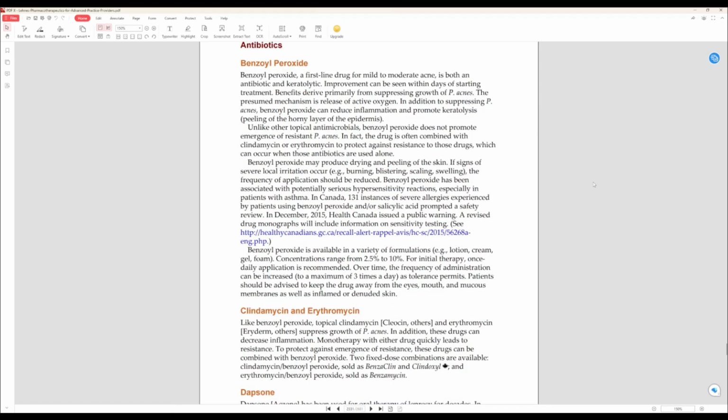Which now brings us to the next group of antibiotics, the clindamycin and erythromycin. Like benzoyl peroxide, topical clindamycin and erythromycin help suppress the growth of P. acnes. In addition, these drugs can decrease inflammation. Monotherapy with either drug quickly leads to resistance.